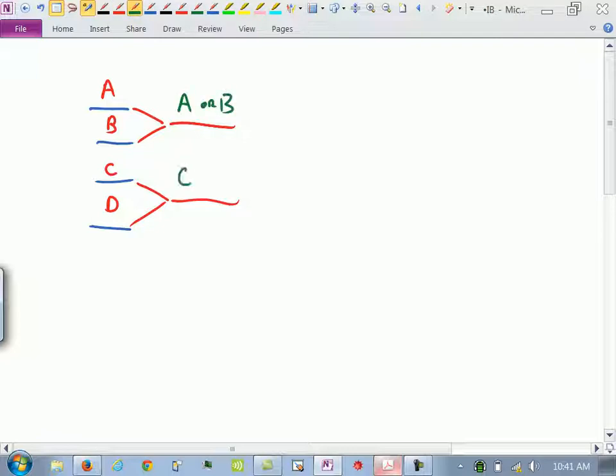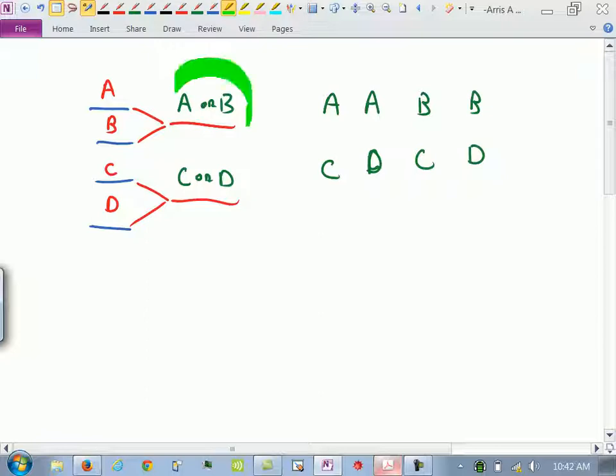And then here I could pick C or I could pick D. So how many different ways could that happen? I could do A on top, C on the bottom, A on top, D on the bottom. I could do B on top, C on the bottom, B on top, D on the bottom, right? So how many different ways could I have actually done it? 4 ways, right? Well, how many games were there? No, right here. How many games were played? 2.